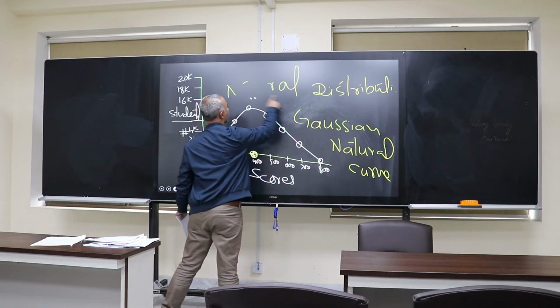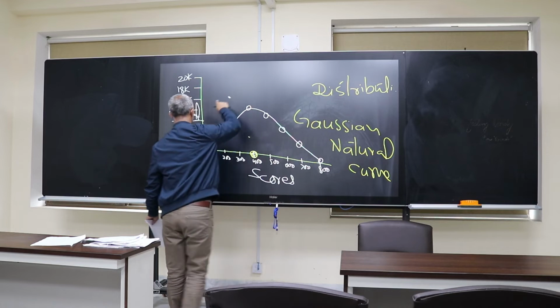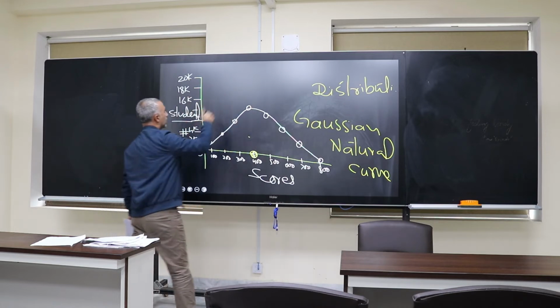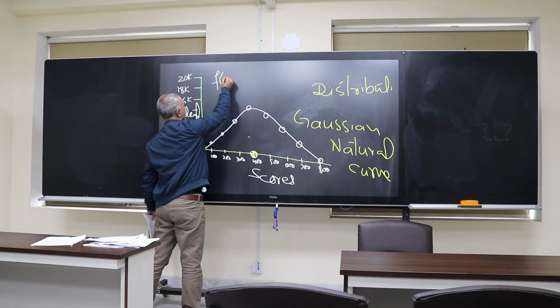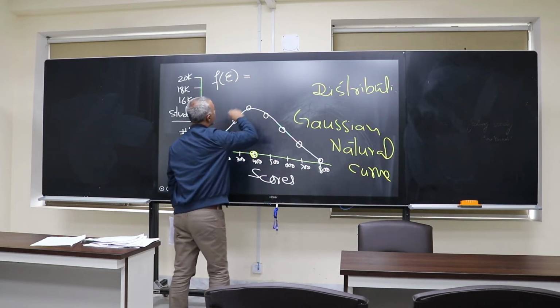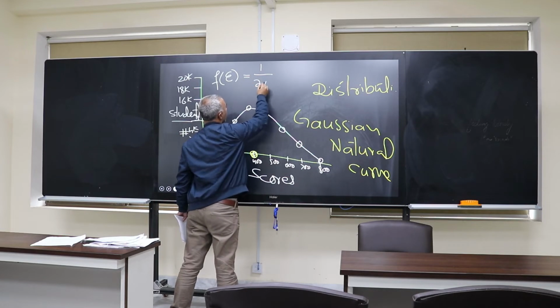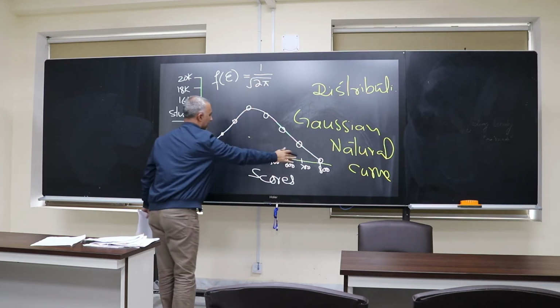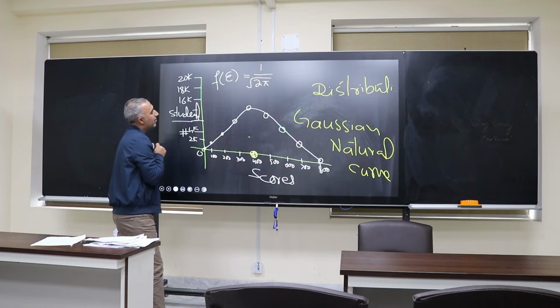So you can say some error term, function of the error term, and 1/2 pi, because it is along the line.